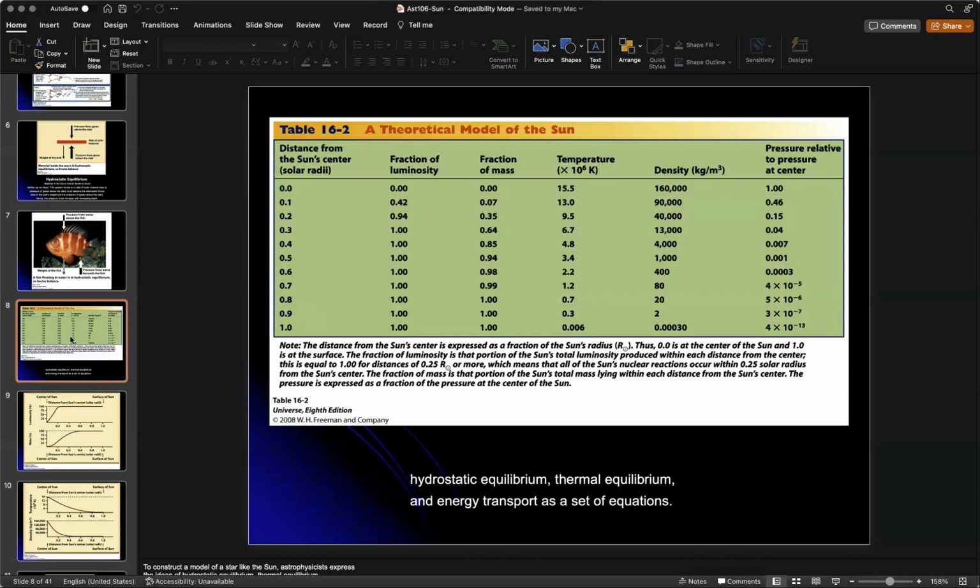So these are somewhat easy to understand. Now there's the fraction of mass and fraction of luminosity. These are cumulative, so that when we get to 0.3 radius, you have to imagine a sphere of 0.3 the radius of the sun, and within that, how much mass of the sun is concentrated.